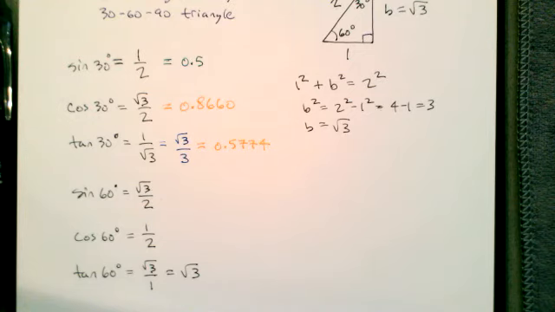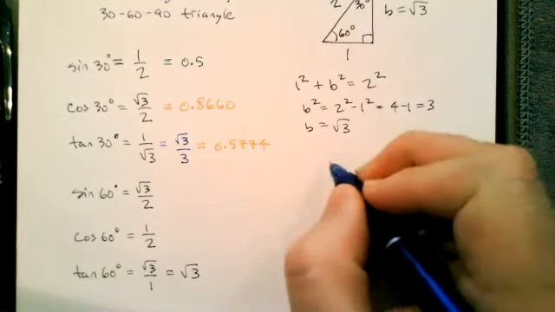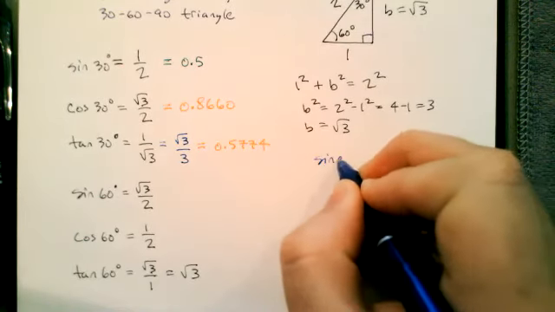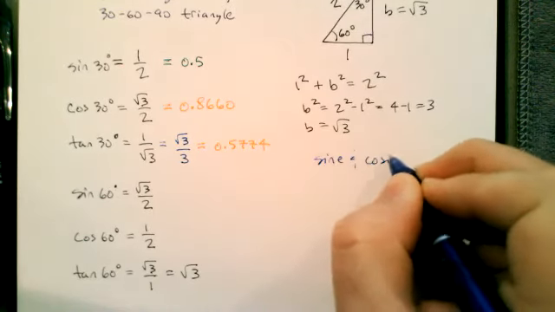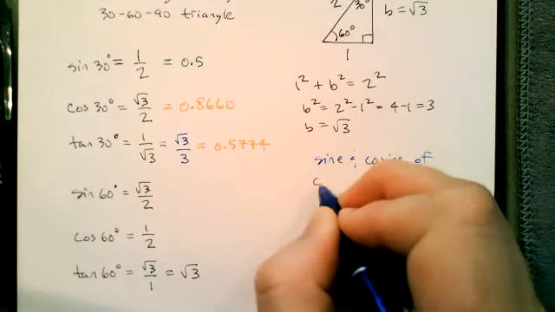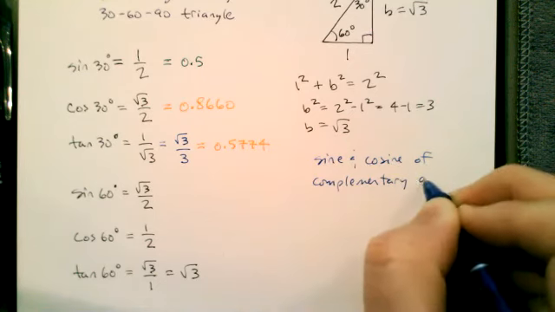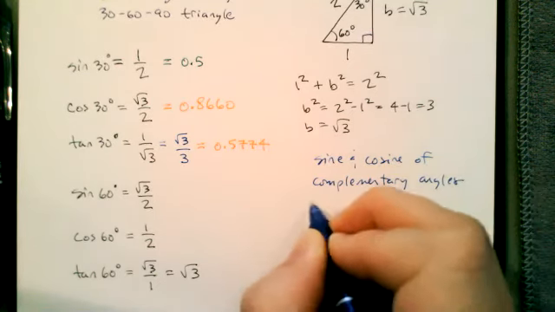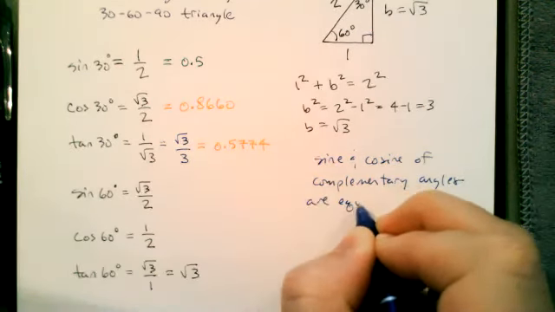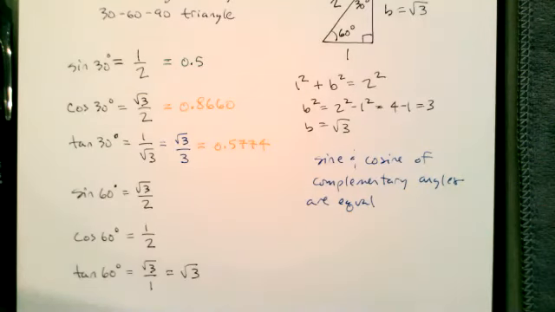So sine and cosine of complementary angles are going to be equal because the opposite of one angle will be the adjacent to the other.